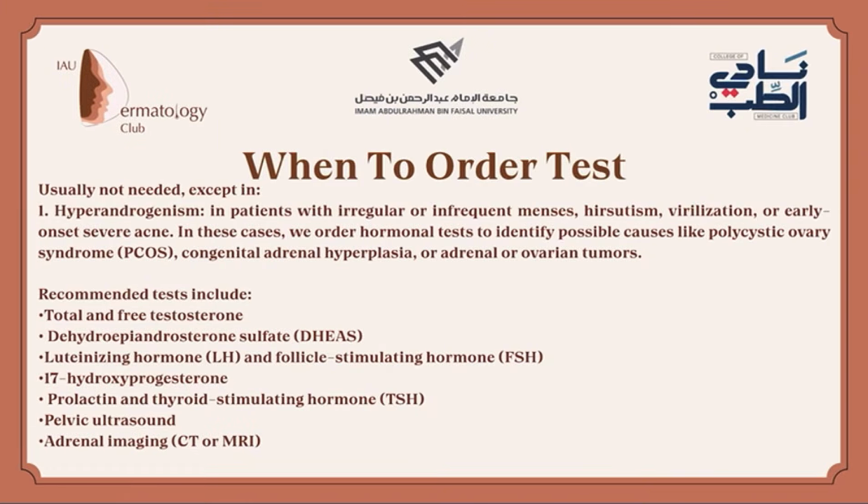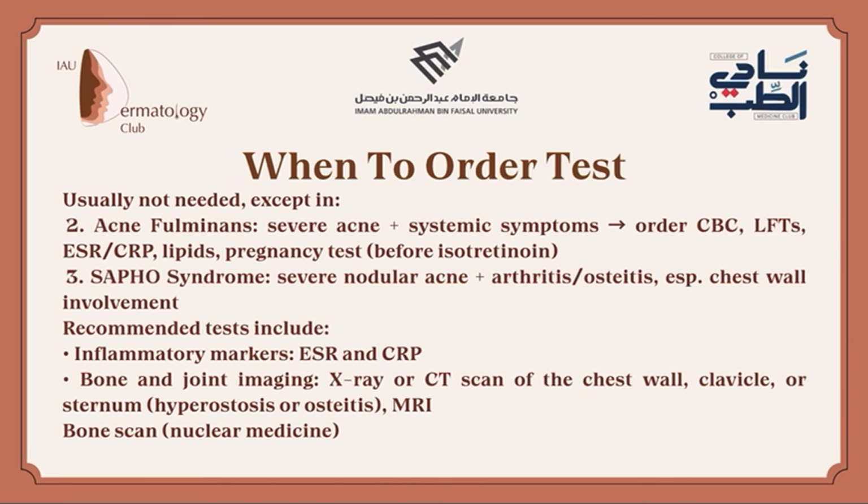Recommended tests include total and free testosterone to assess androgen levels, DHEAS, elevated in adrenal causes, LH and FSH, suggestive for PCOS, 17-hydroxyprogesterone to screen for congenital adrenal hyperplasia, prolactin and TSH to rule out pituitary or thyroid causes, pelvic ultrasound to evaluate for polycystic ovaries or ovarian masses, adrenal imaging such as CT or MRI if labs suggest an adrenal source of androgen excess.